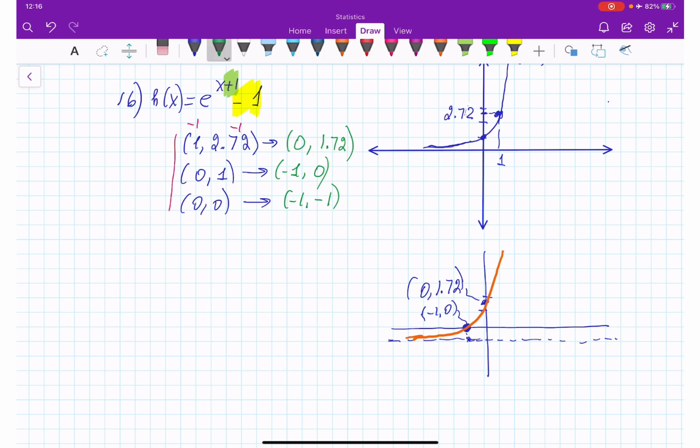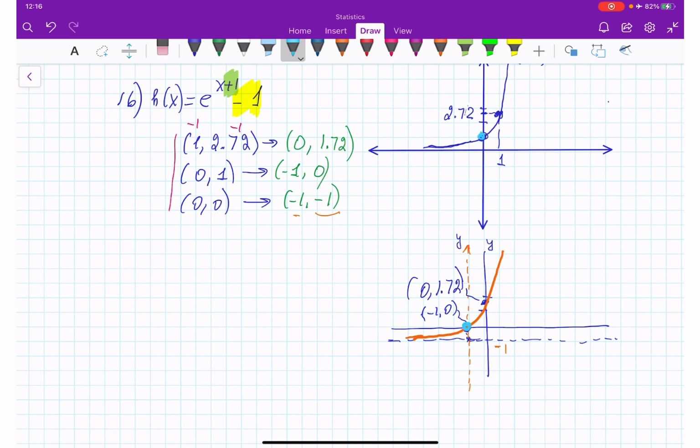So you wouldn't wonder, since this negative 1 came down here, what happened to this negative 1. This is going to be our new y-axis. The y-axis that we had is going to become right here, the new y-axis. And that's why this point is going to move here, becoming this point here.